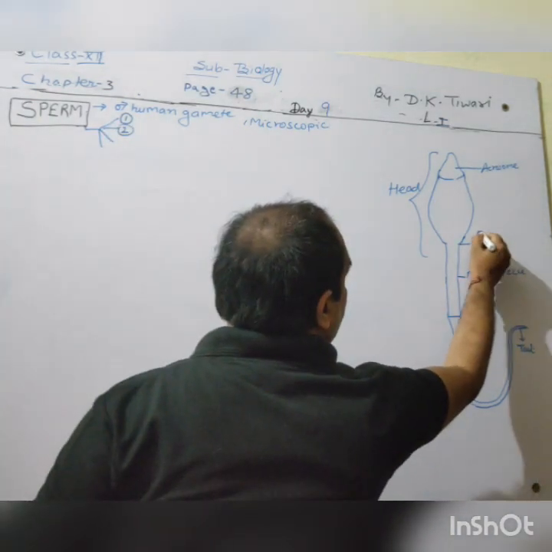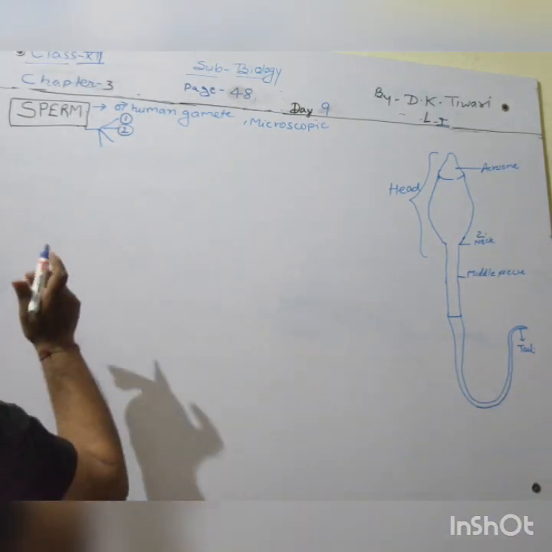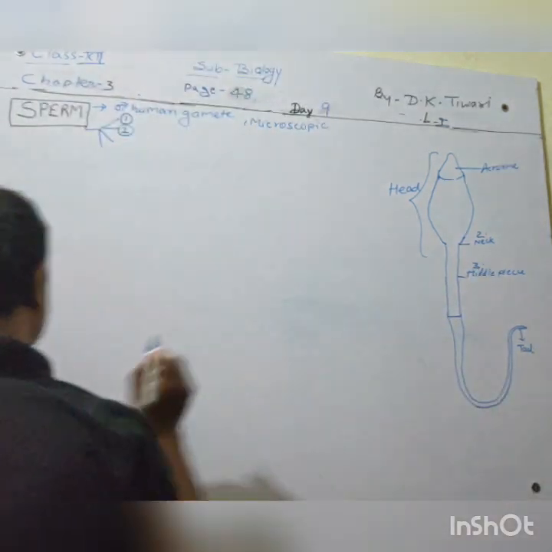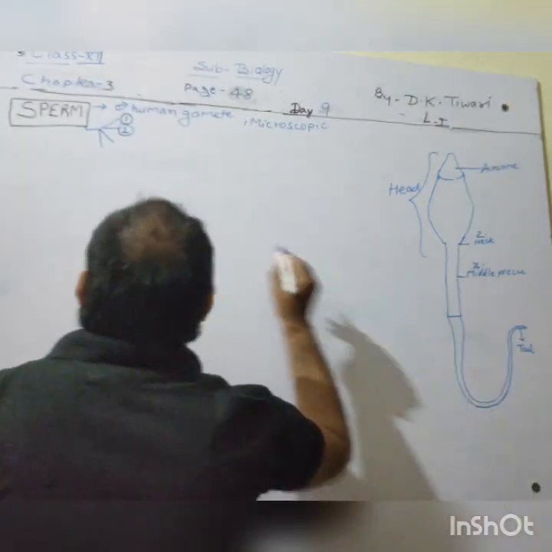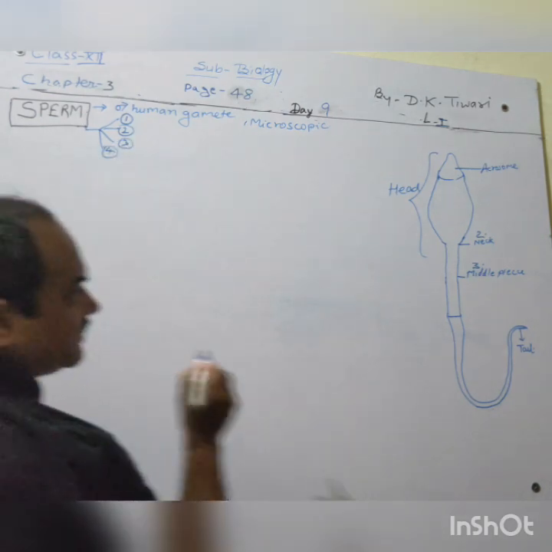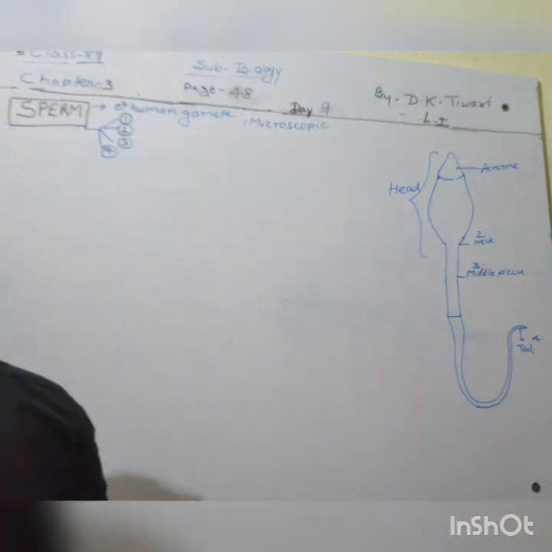Here it is neck. Number three, middle piece. Here this one is middle piece. And finally, number four, that is tail. So this one is tail.